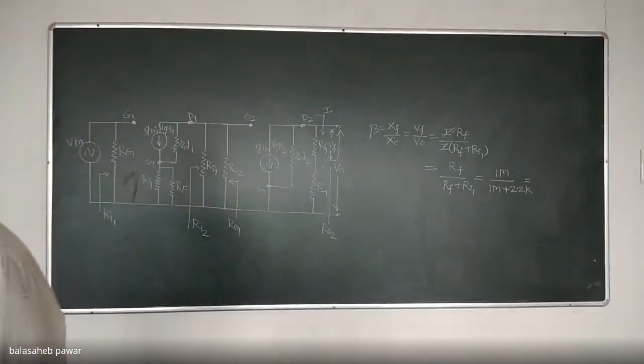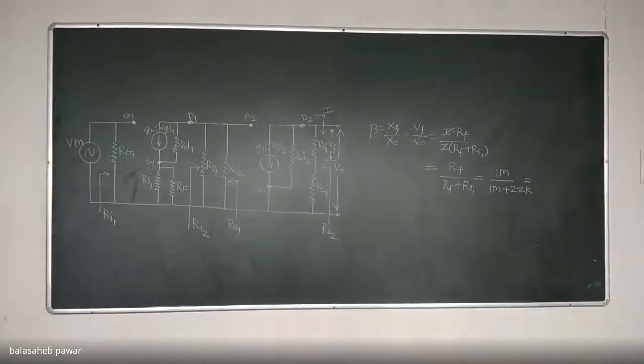How much is beta? 1 mega divided by 1 mega plus 2.2 K. Find it out. RS1 is 2.2 kilo ohm.